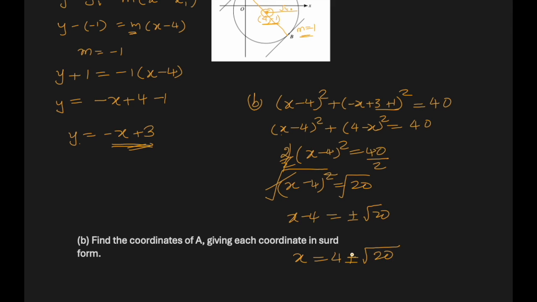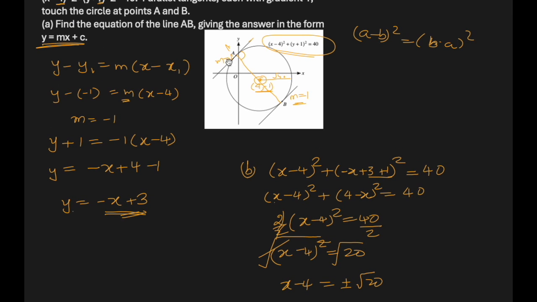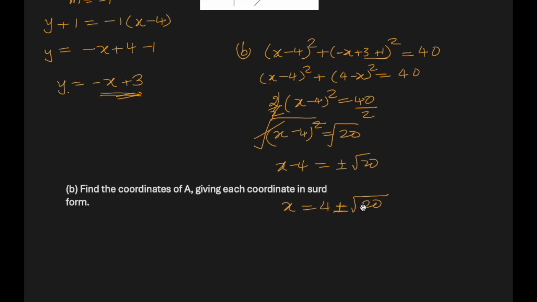Now out of plus and minus, which one will be the smaller? Because we want the smaller x coordinate, because A is on the left side, obviously that one is 4 minus square root 20. Square root 20 can be written as square root of 4 times 5, so 2 square root 5.